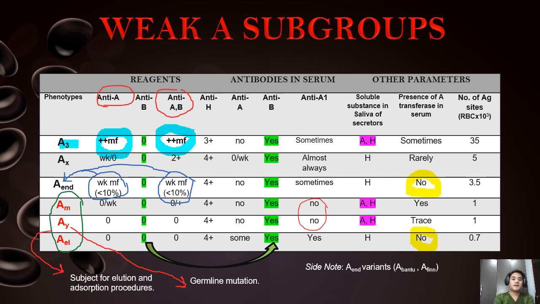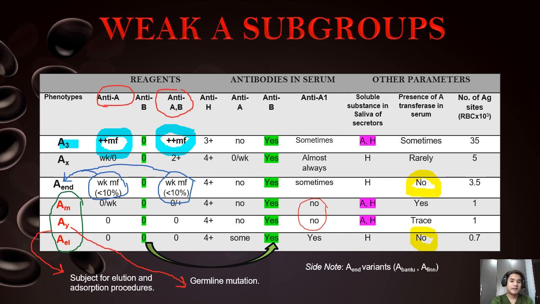procedures. So moving on, remember that your AY is characterized by being a result from a germline mutation of a family member. Take note that mixed field reaction of both anti-A and anti-AB anti-sera is the hallmark of an A3 red blood cell.